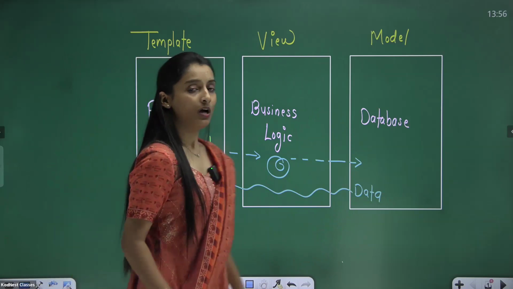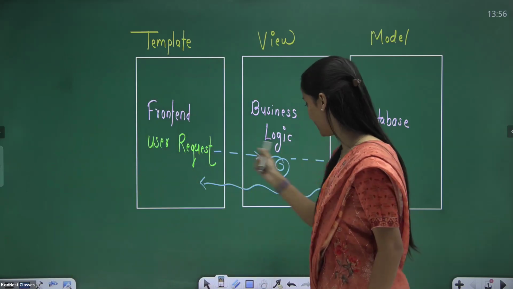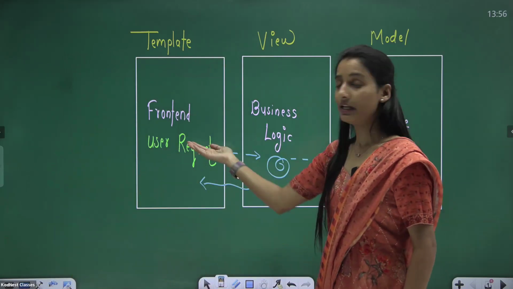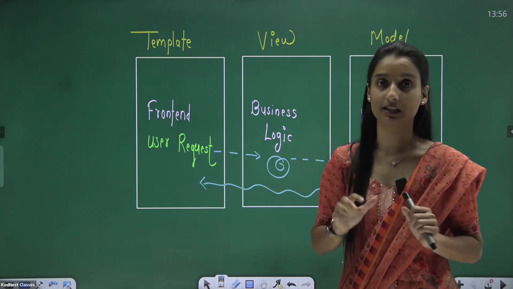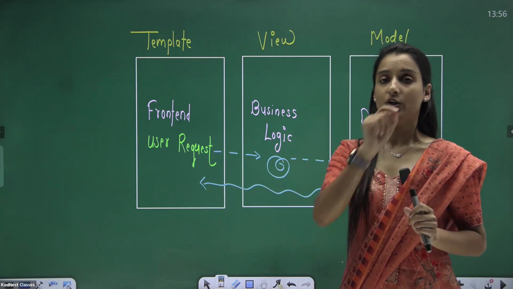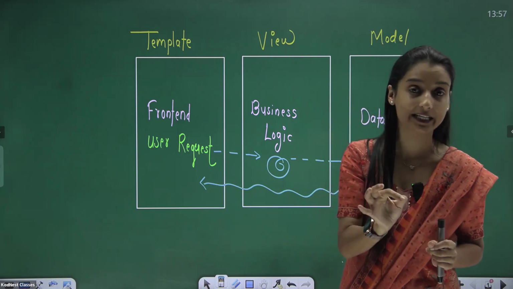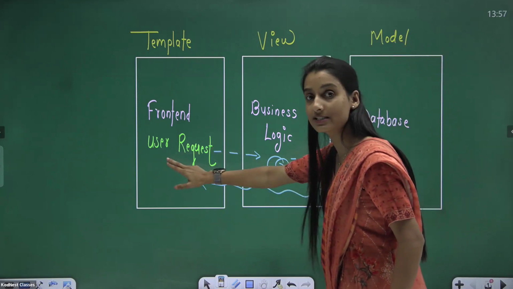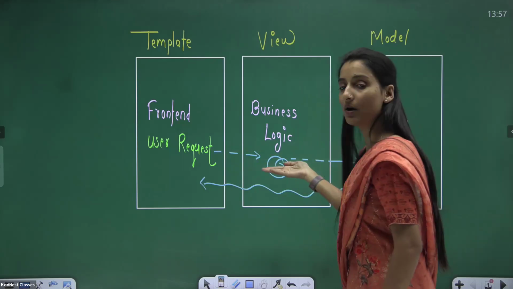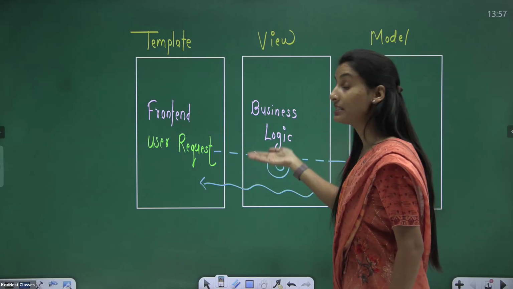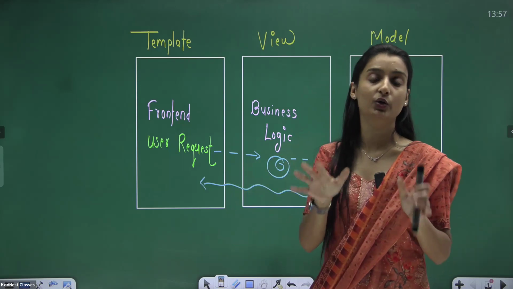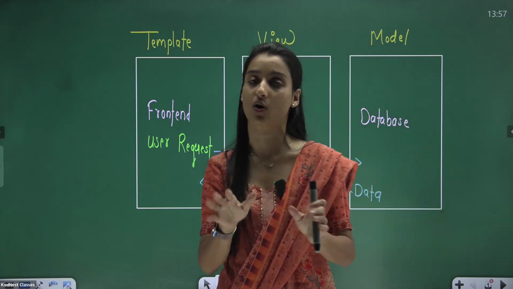Again, we will consider one example to understand this flow. Let's say you hit the sign in button in that Amazon application. You have given your login credentials, your password, and you hit sign in. As soon as you hit sign in, your request will come to the business logic. Now business logic will check whether you are a registered user or not.